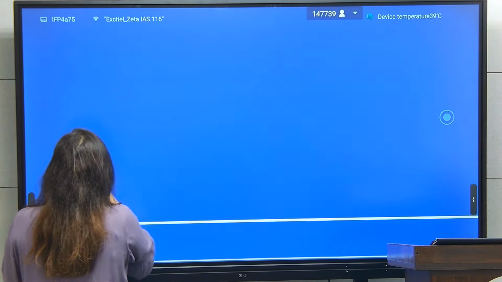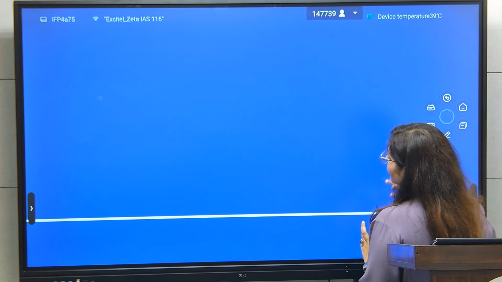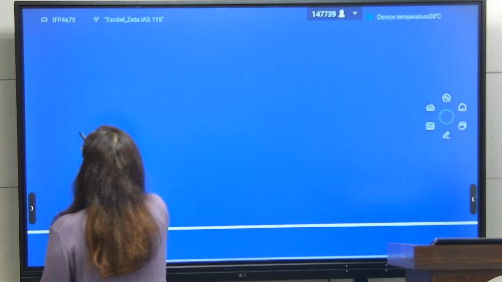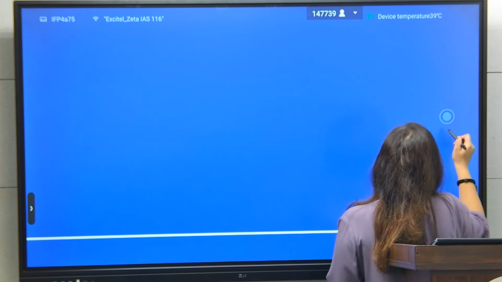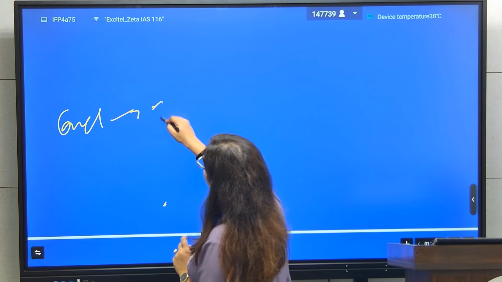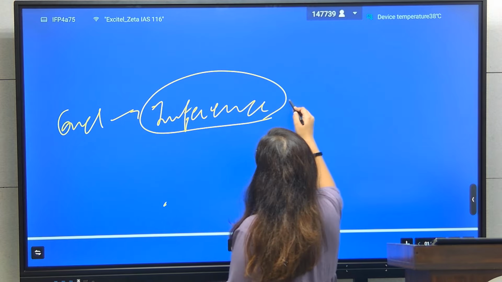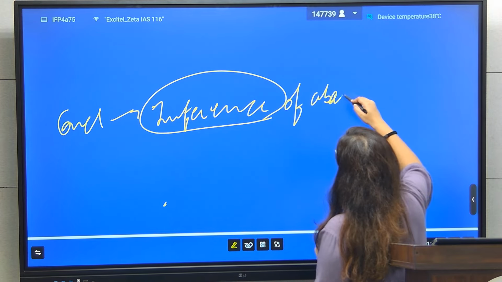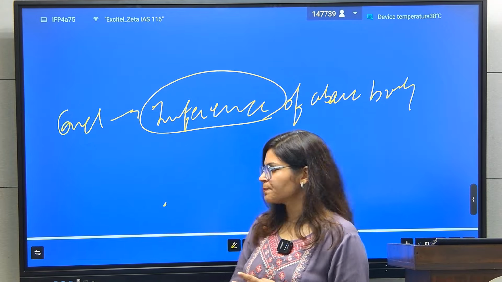A good inference is a conclusion. So the inference of the above body part is the best conclusion for this type of answer.